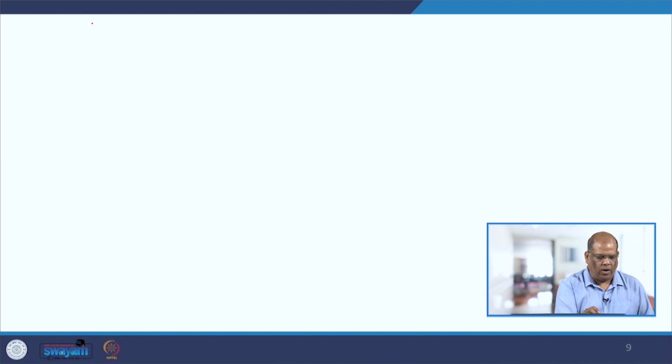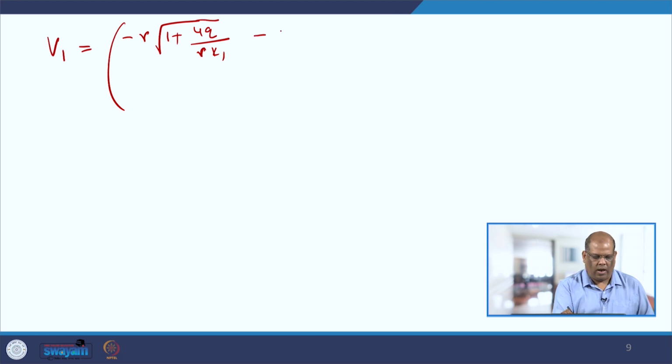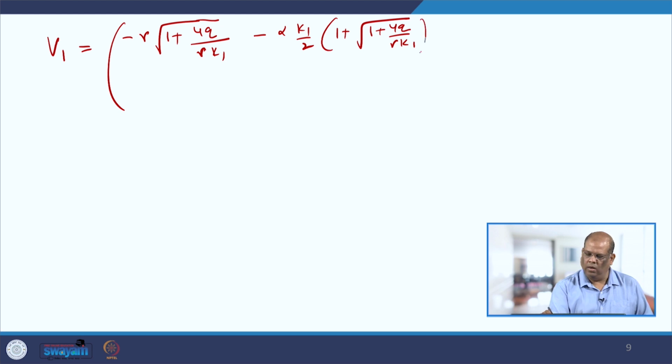So, the Jacobian matrix, say we call it V1, will be given by minus R times root of 1 plus 4Q by RK1, minus alpha K1 by 2, 1 plus square root of 1 plus 4Q by RK1, 0, 0, minus D1, 0, 0, 0, S minus D2.